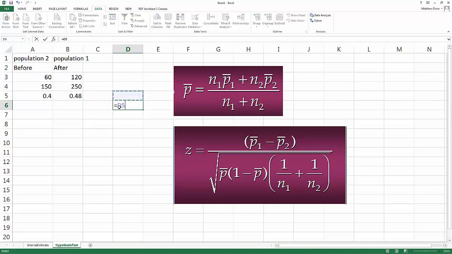It'll be N1, which is 250, times P bar 1, plus N2, which is 150, times P bar 2. I need to put parentheses around those, and then divide by 250 plus 150 in parentheses, and we get 0.45, which is what we came up with before, P bar.